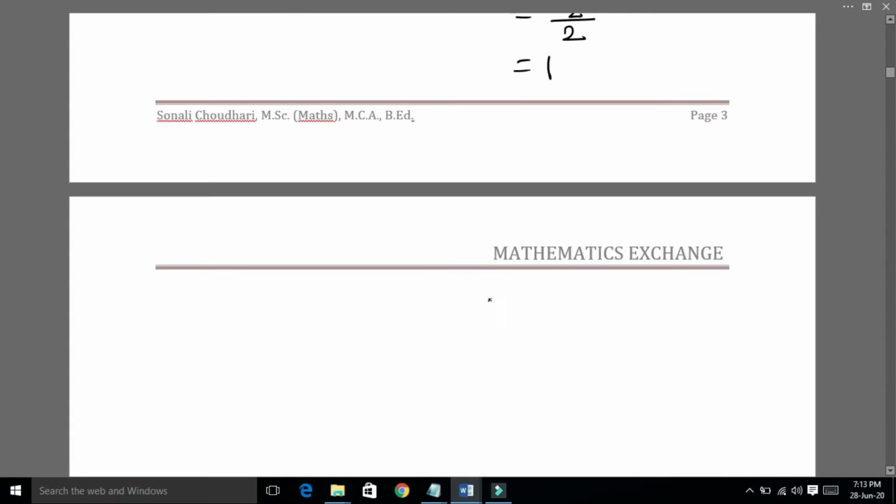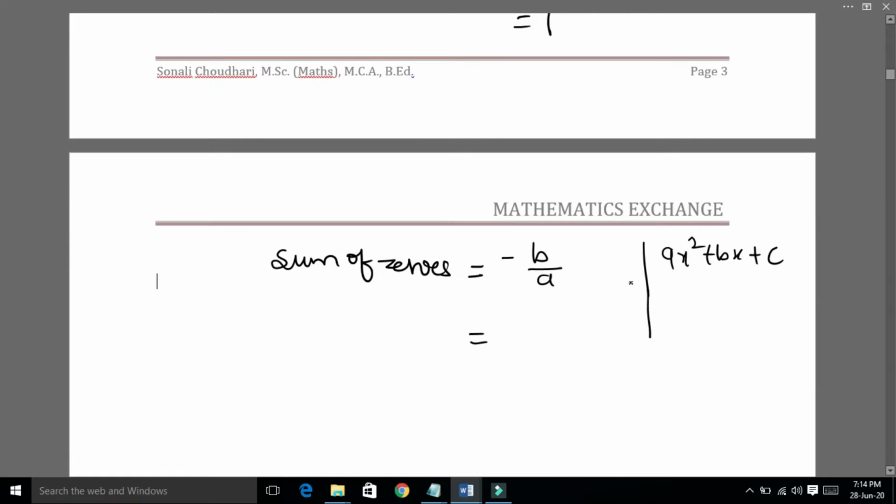So for this we go by the formula directly. The standard form is ax square plus bx plus c, and by the standard form we know the formula, that is the sum of zeros is equal to minus b upon a. So this is the standard form of the quadratic polynomial, and if we compare the given polynomial with the standard form or general form, we get the values of a, b and c.